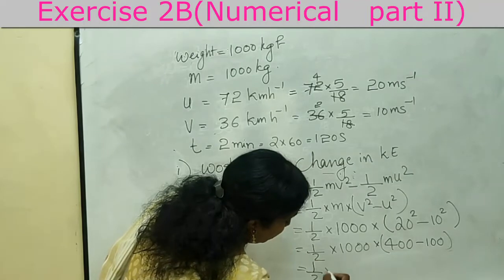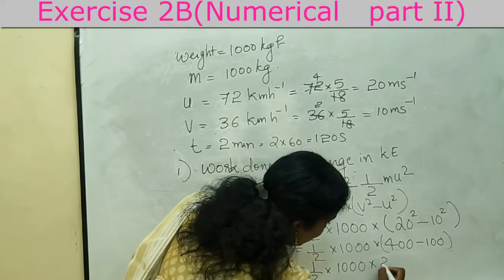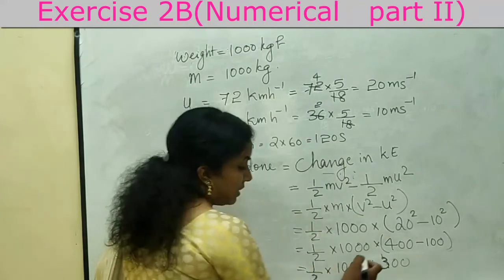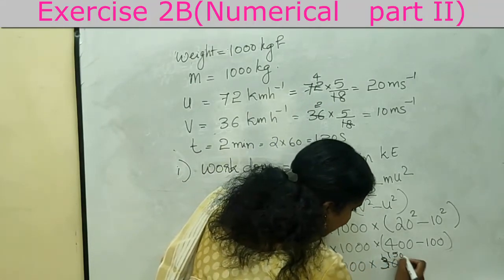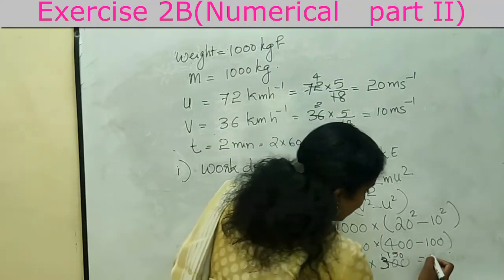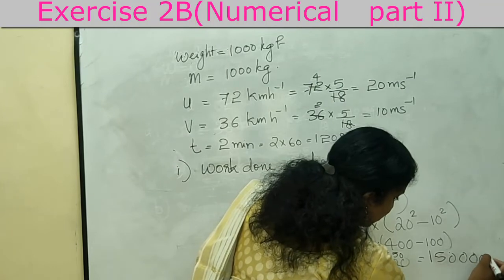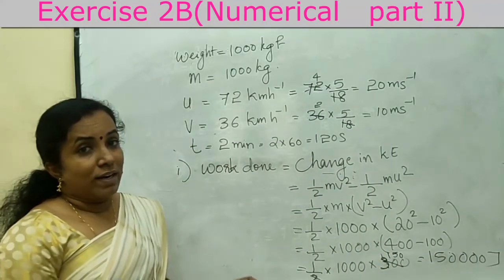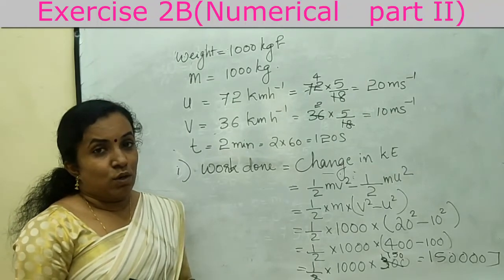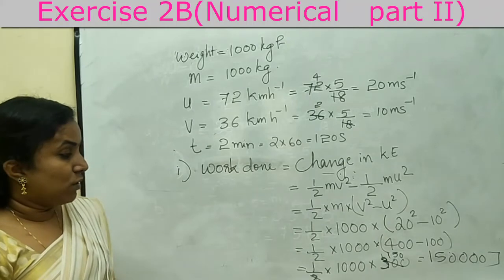Therefore 1 by 2 into 1000 into 300. 300 by 2 is 150. So we will get 1,50,000 joule. So the work done is 1,50,000 joule.